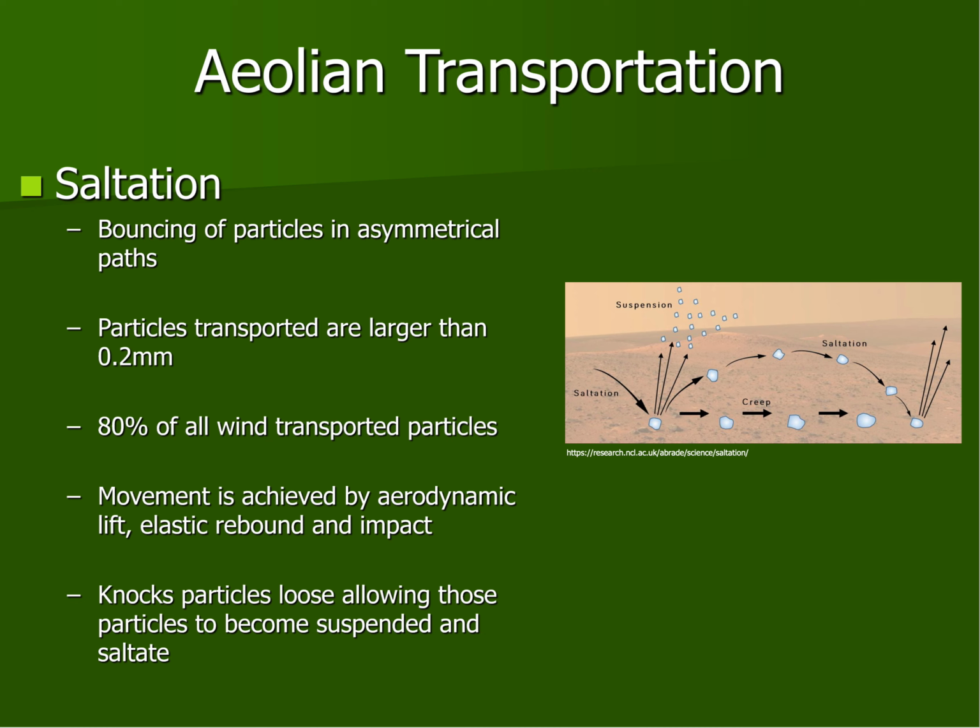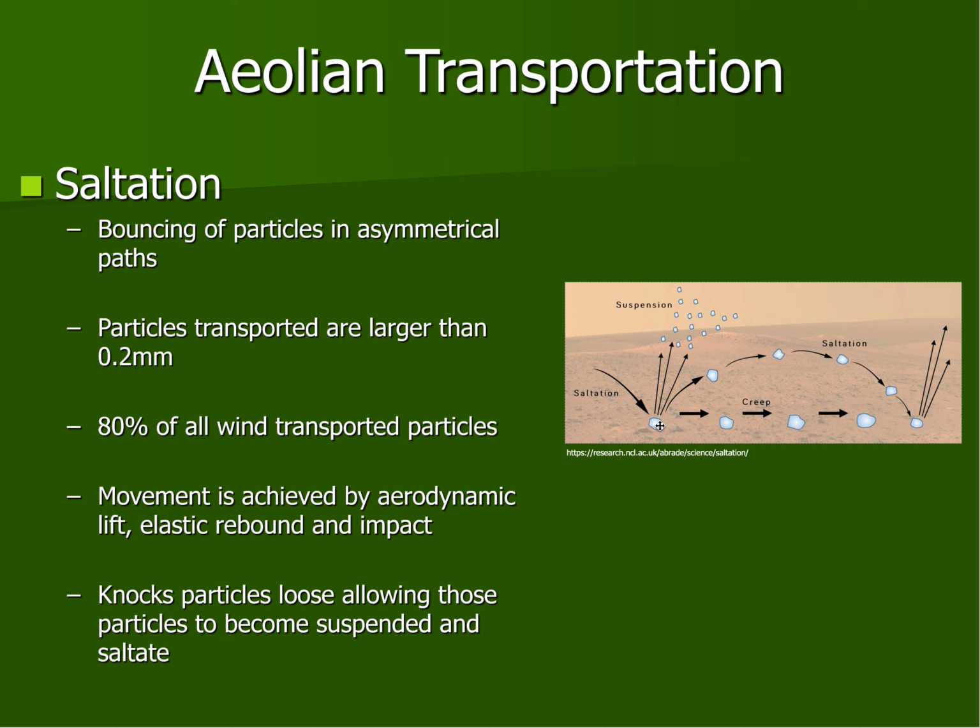What's happening is we're creating an aerodynamic condition where a particle which has been in suspension drops out of suspension and hits another particle. Think of a cue ball hitting another ball on a billiard table. That other ball then has the kinetic energy transferred to it, and it starts to move.